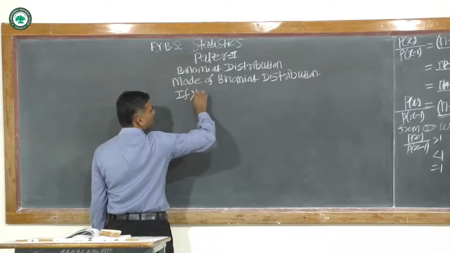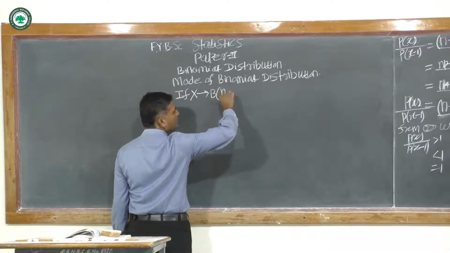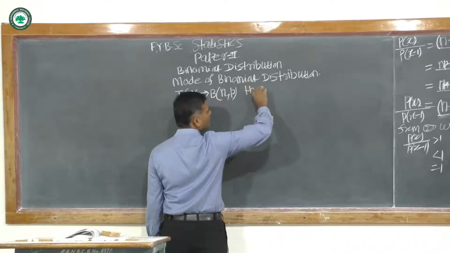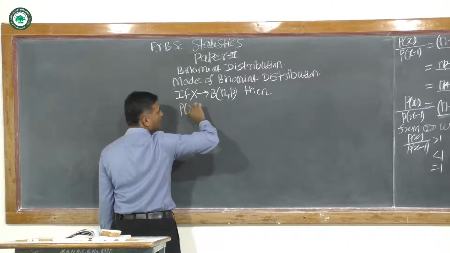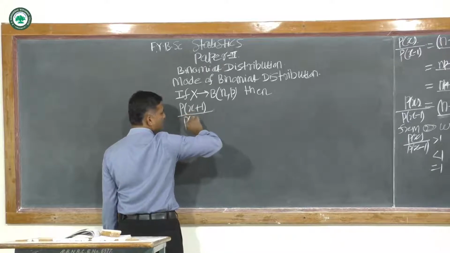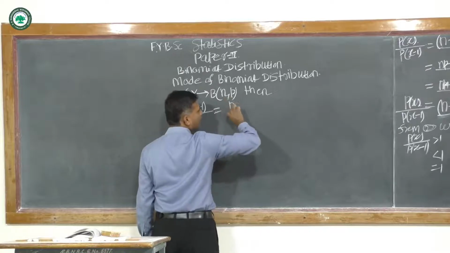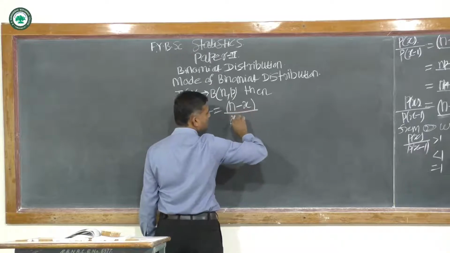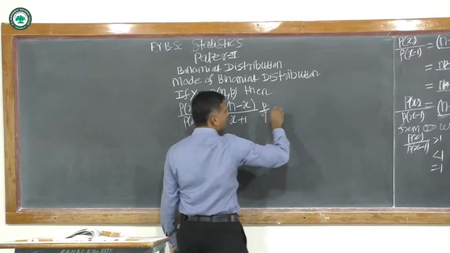If x follows binomial distribution with parameters n and p, then we know that P of x plus 1 upon P of x is equal to n minus x upon x plus 1 into p by q.